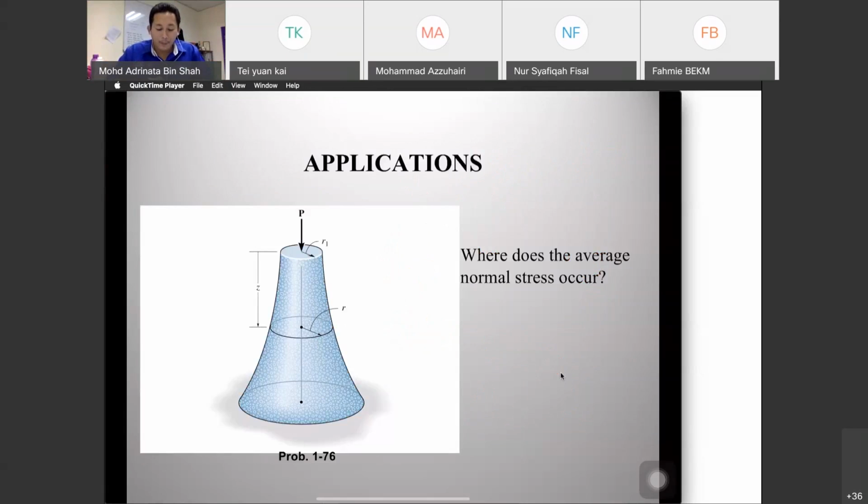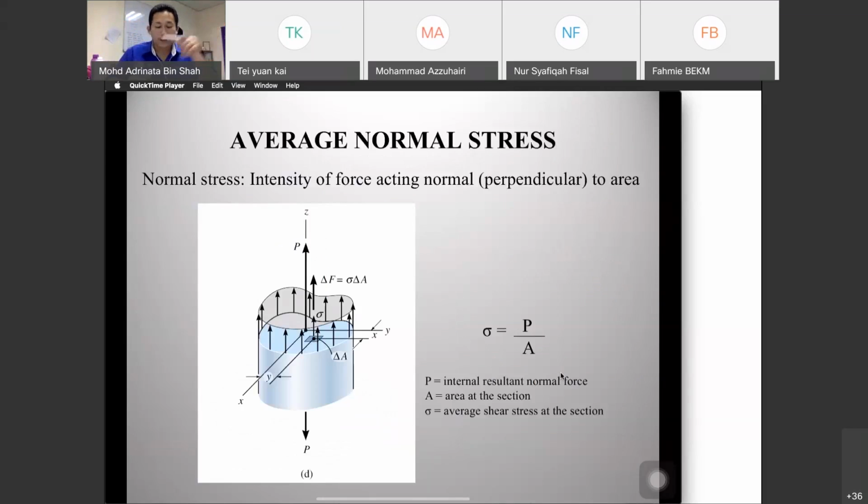Okay. The application is the soalannya, where does the average normal stress occur? So normal stress tu occur dekat mana? Dekat surface, dekat all of the components, all of the parts, fine. Okay, so dekat mana? So kita assume lah, okay, dia berlaku dekat surface.